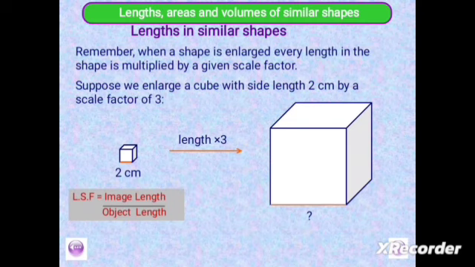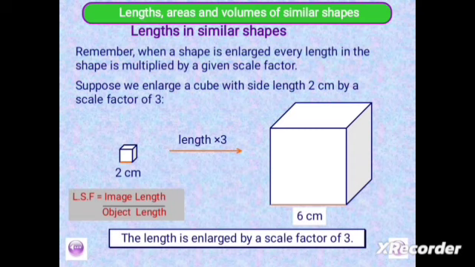To get the image length, we multiply 2 times 3 to get 6 centimeters, the length of the bigger cube. Now the length is enlarged by a scale factor of 3.